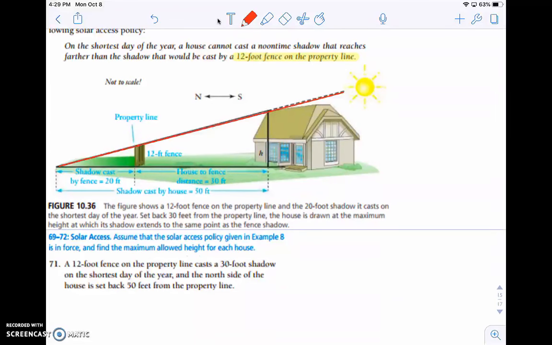And what it's saying is when the sun's at its lowest point, so we call that the declination of the sun. The lowest point is usually, for us here in this area, December 20, 21st, 22nd, somewhere right in there.